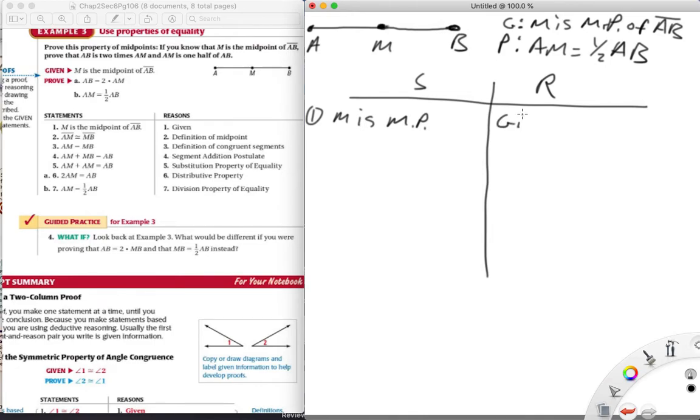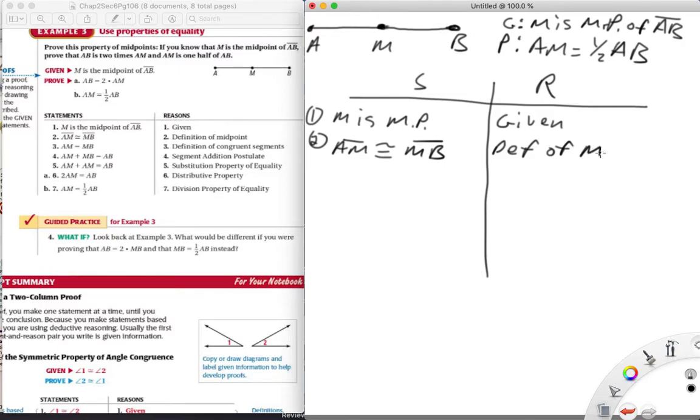And it's given to me. So, since M is the midpoint, I know that segment AM is congruent to segment MB. And they're congruent because of definition of midpoint.